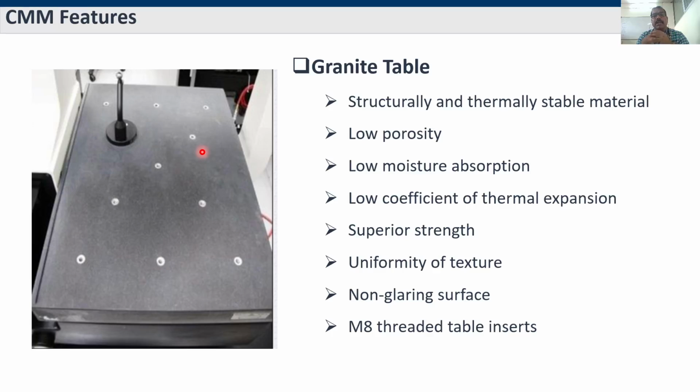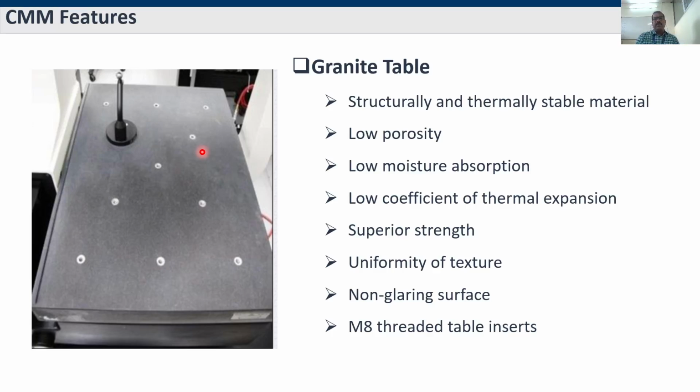If a component has a high coefficient of thermal expansion, its size will change quickly with temperature and time, compared with parts with a low coefficient of thermal expansion. So this granite table should always possess a low coefficient of thermal expansion, and it should also be superior in terms of strength and possess uniformity of texture.